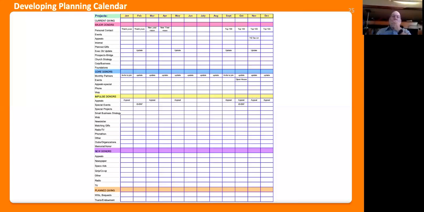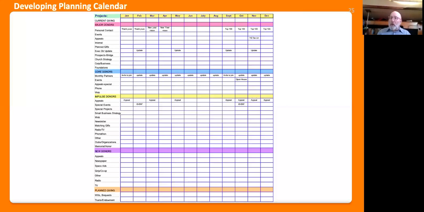Then you have impulse donors, and there are 7 appeals. And then they have 2 events. And then they have a small business strategy, a web strategy, a newsletter, matching gifts, radio, TV, phone-a-thon, clubs, organizations. And web would now be called social media. Sorry, old term. But basically all the social media things.